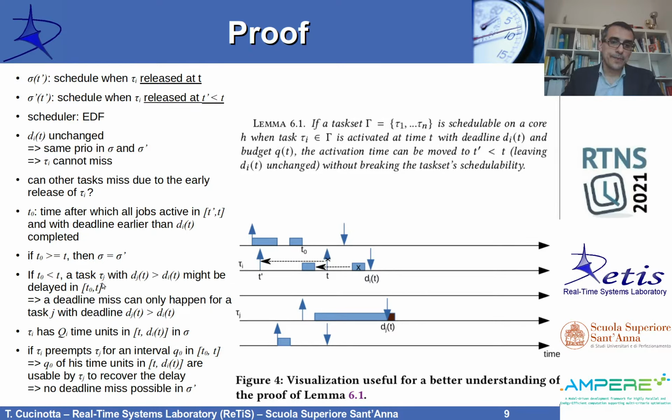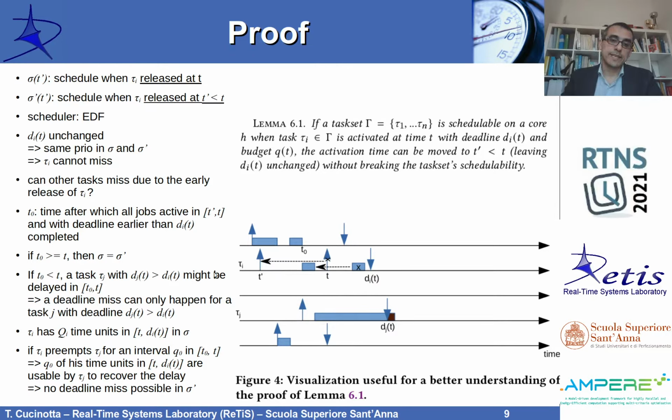Now the reasoning here is very simple. As in the original schedule sigma, tau I was scheduled without any problems, it has a guaranteed budget q_i within its deadline d_i(t).